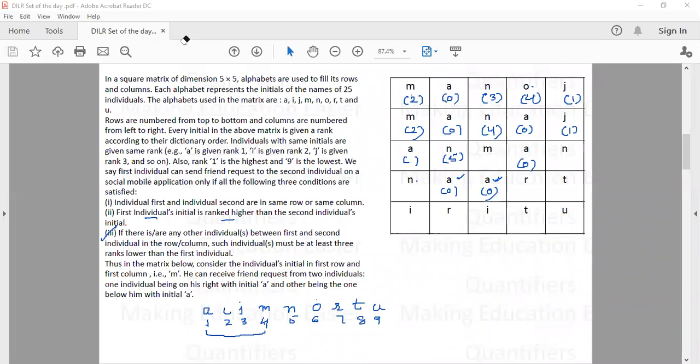Next person is M. Now this M can receive the request from this A, second A, and this third A, because only A, I, J can send the request to M. We have only these 3 people around M who can send the request. So M will get the request in 3 ways.